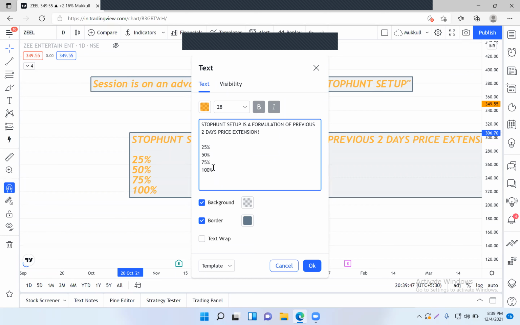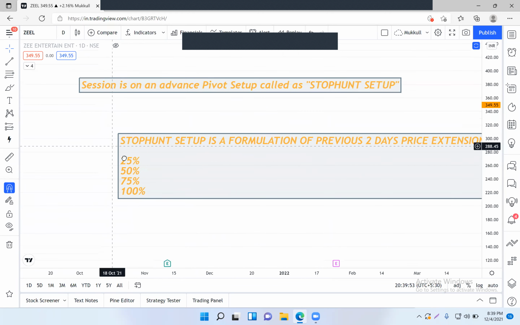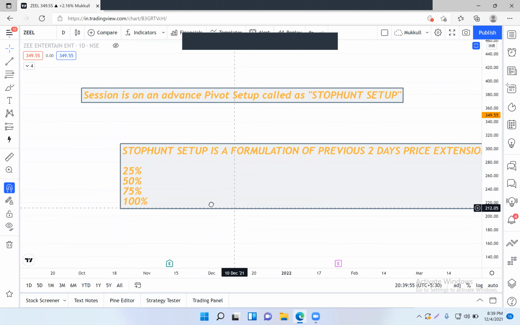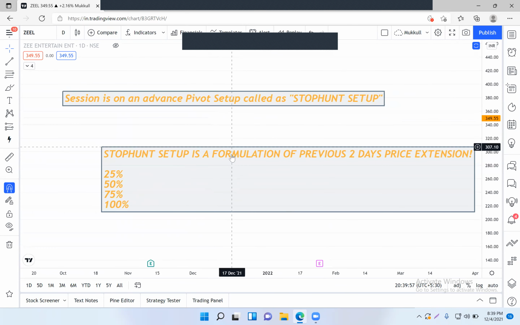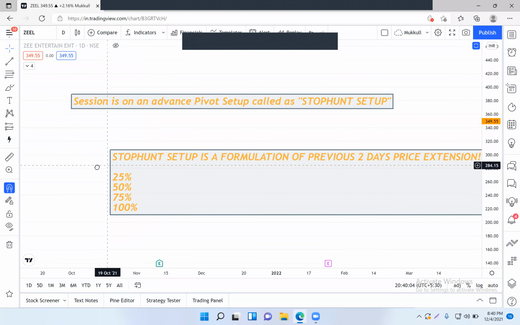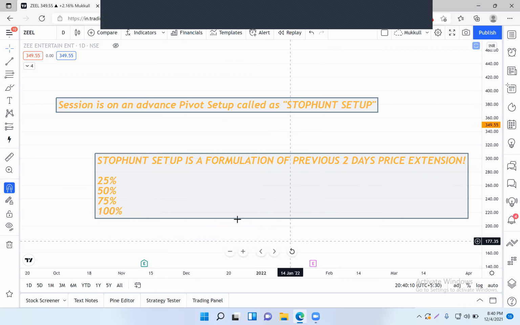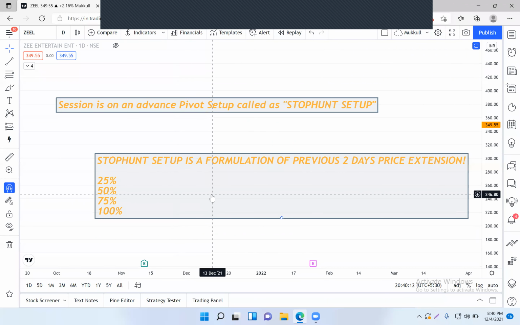We can even go on adding 125, 150, based on multiples of 25. But generally, we need only this particular thing. You generally don't tend to stretch it more. Okay, so this is what we are going to talk about today.